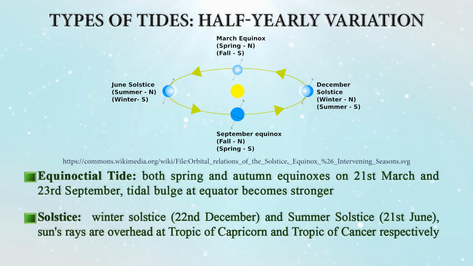So places along the Tropic of Cancer and Tropic of Capricorn will receive a higher bulge or higher height of tides, and these are called solstice tides. So this is half yearly variation. You can see 21st March and 23rd September are about 6 months apart, and then June to December, so half yearly variation in the type of tides.